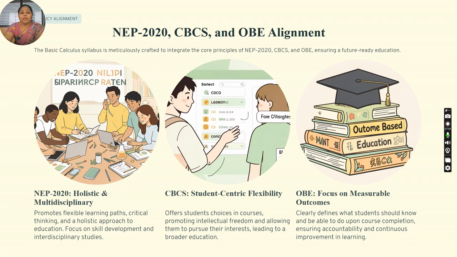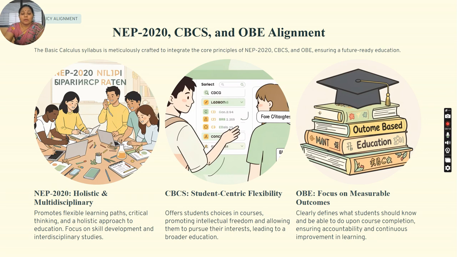Now, NEP 2020, CBCS and OBE alignment: how is it possible in the basic calculus syllabus? NEP 2020 gives us holistic and multidisciplinary education, promotes flexible learning paths, critical thinking, and a holistic approach to education, with focus on skill development and interdisciplinary studies.